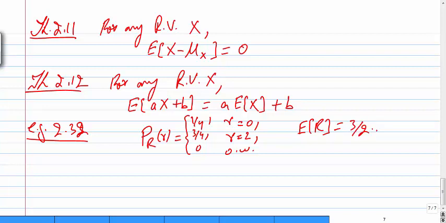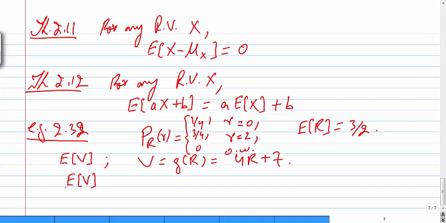Now he asks us to calculate the expected value of V, when V is equal to g(R), which follows the relation 4R plus 7. So if we apply theorem 2.12, we can say that the expected value of V can be written as the expected value of 4R plus 7.